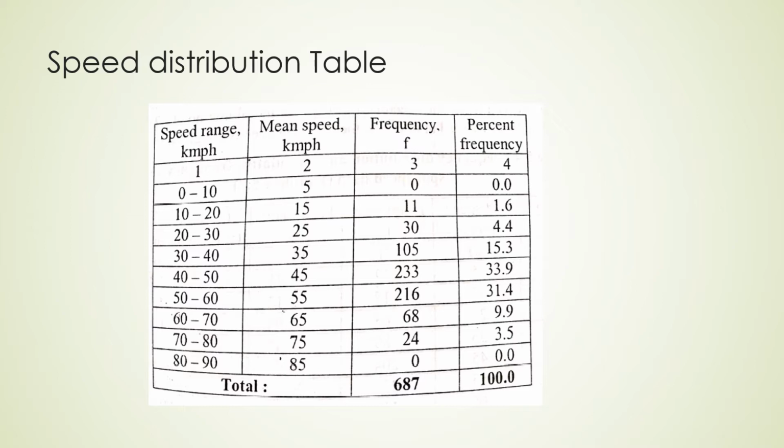So you can say that most vehicles have a speed between 40 and 50. 33.9% of the total number surveyed has a speed in the category of 40 to 50. So this is how you describe your speed distribution table.